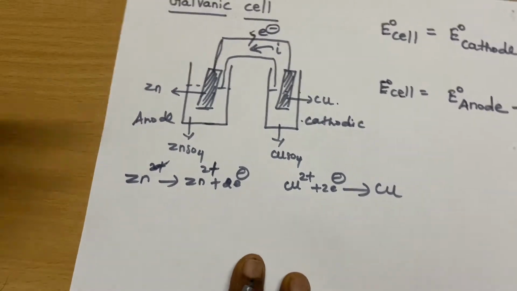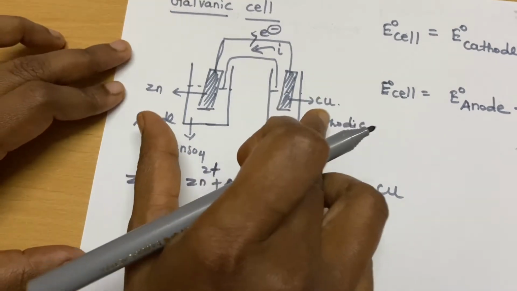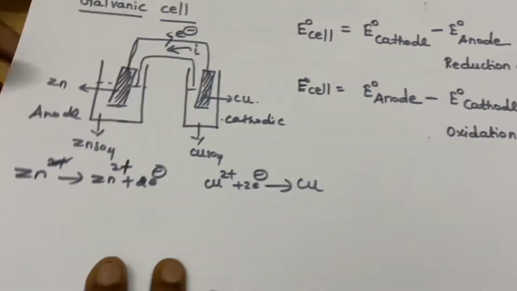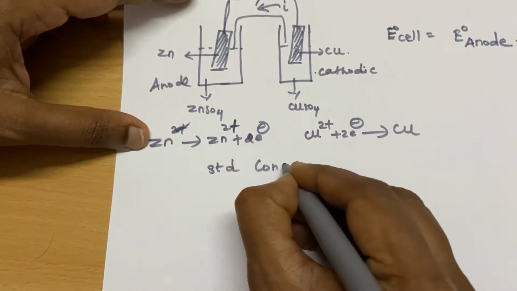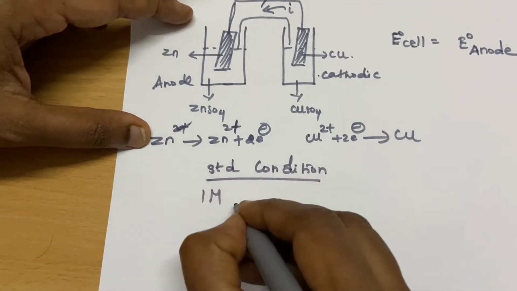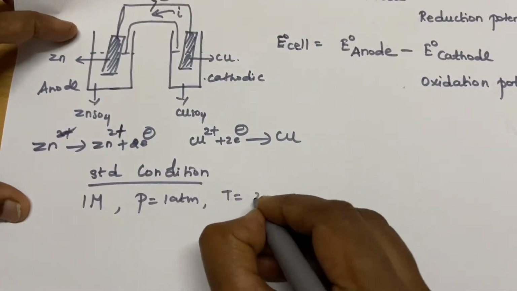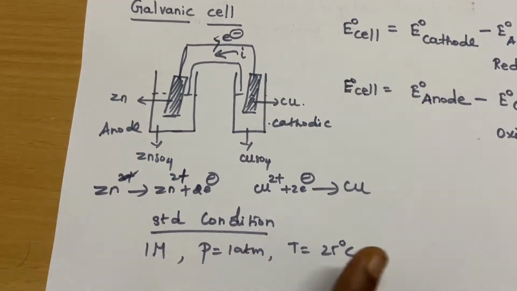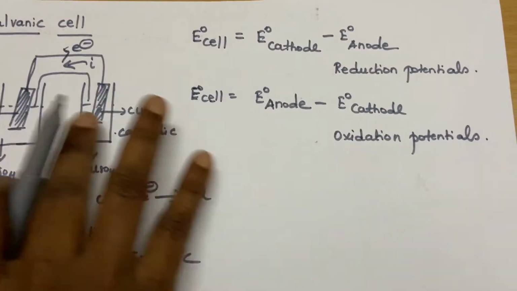Now, to know the overall EMF of the cell, we apply formulas. What is the standard condition? The concentration of the electrolytes is 1 molar, the pressure is 1 atmosphere, and the temperature is 25 degrees Celsius. We can apply 3 sets of formulas, but I have written only 2.